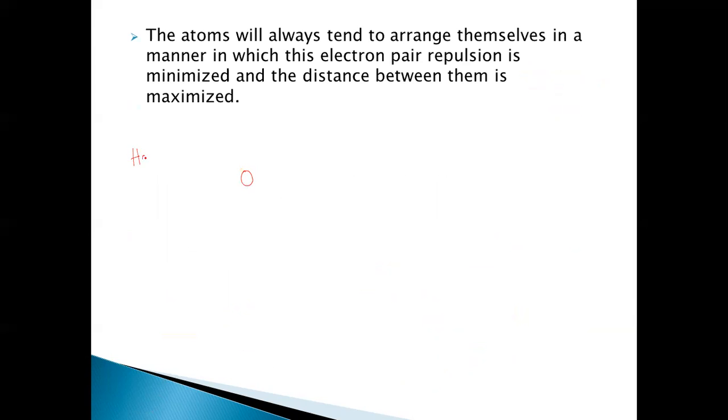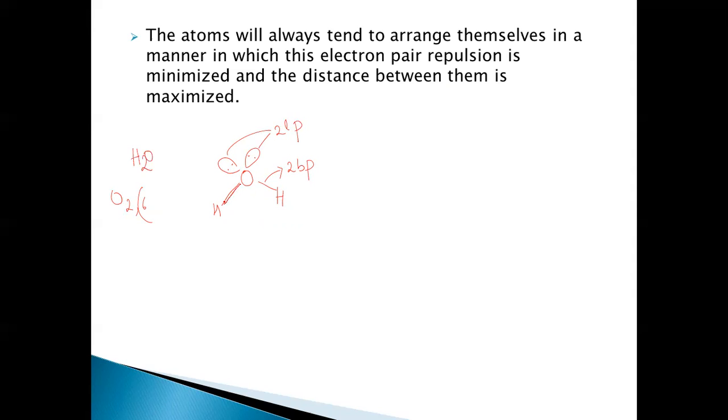So H2O is held to two hydrogens by means of two bond pairs, and there are two lone pairs present on this central atom. This oxygen is 2 and 6, there are 6 valence electrons. Two of them are held to two hydrogens by means of two bonds, and it has two lone pairs of electrons on this central atom.